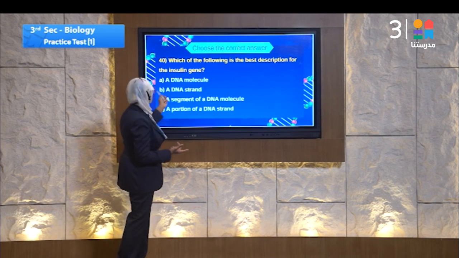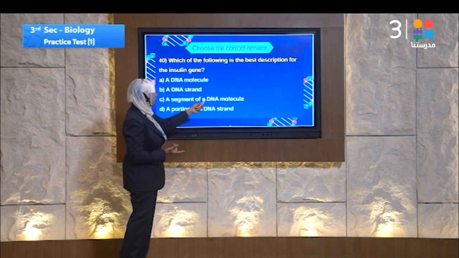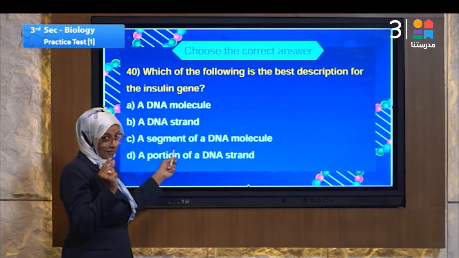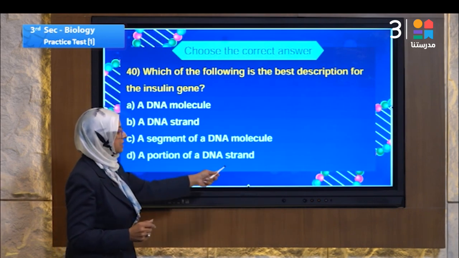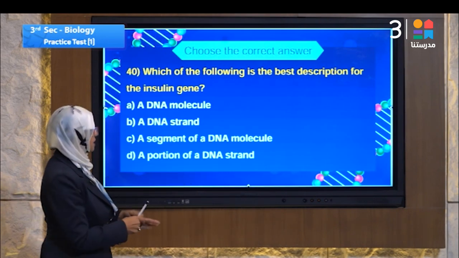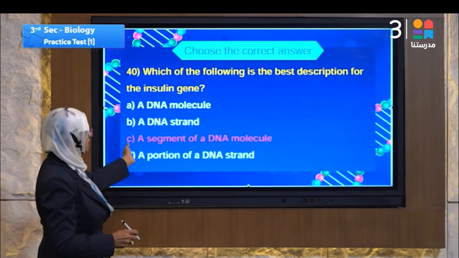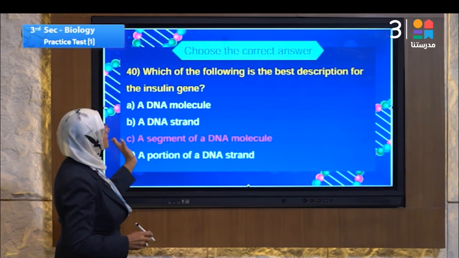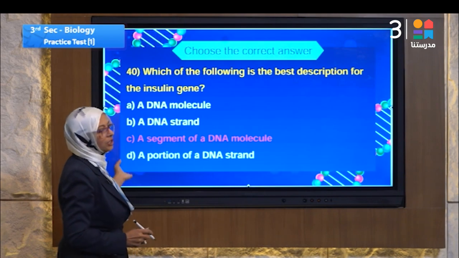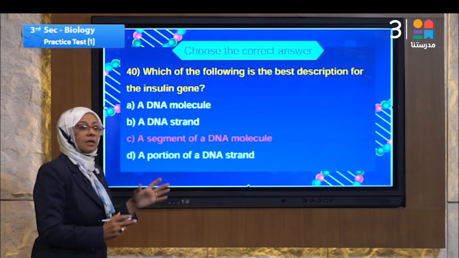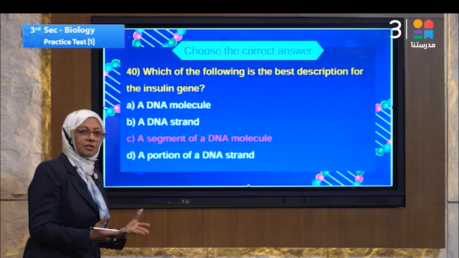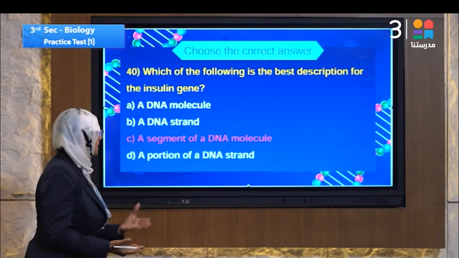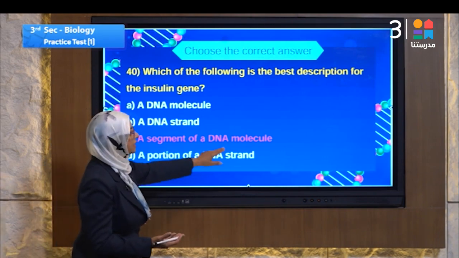C, segment of DNA, segment, gene. D, a portion of a DNA strand. Not a portion, it must be a segment. Segment of DNA molecule. Is this the best description of the insulin gene, which makes the gene through an enzyme, a chemical reaction, and then a protein? It's a part, a segment of DNA molecules.